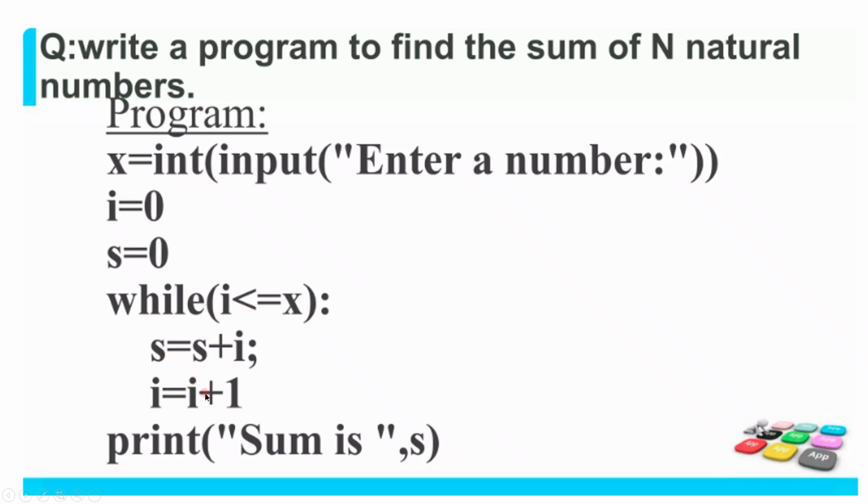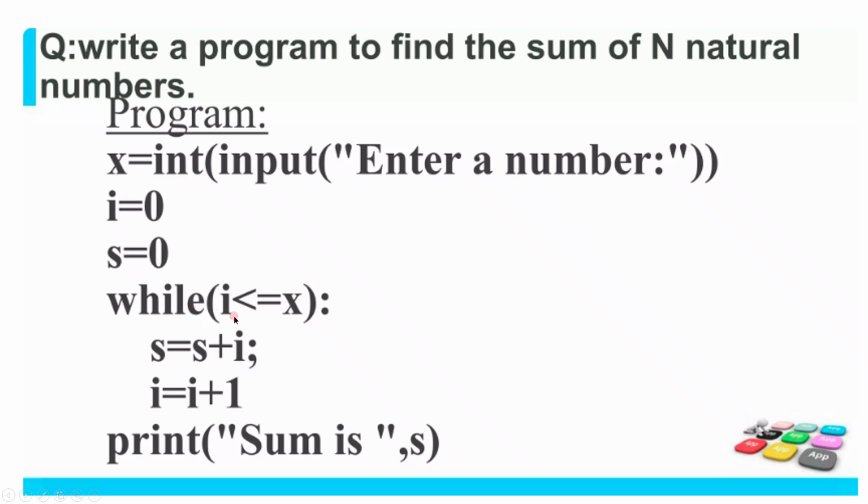Since the current value of i is 2, again 1 will be added and it will become 3. This addition and this incrementation will be done until i passes the value of x. After that, automatically the condition will become false.